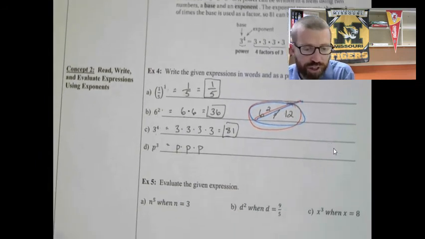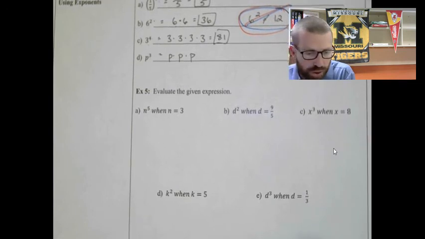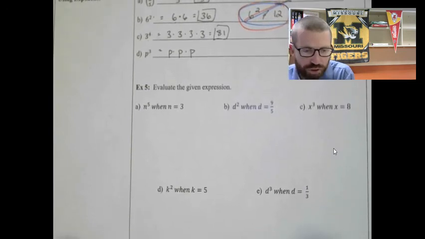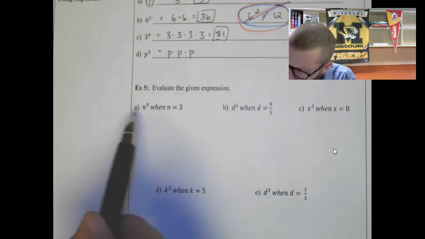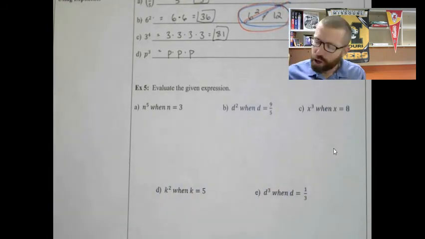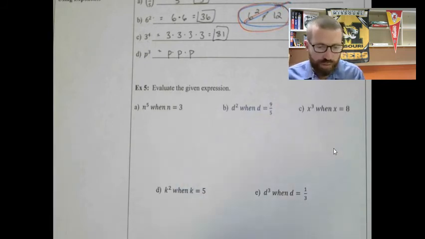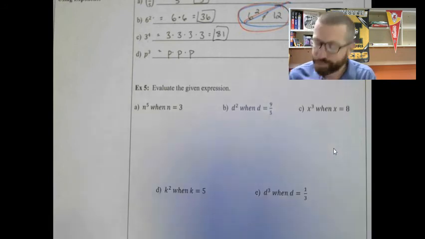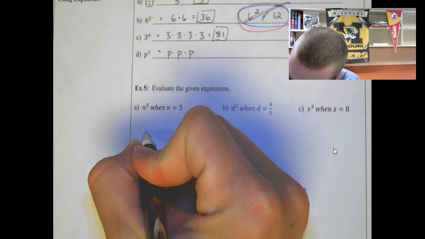Okay, now we can put these things together and evaluate these expressions that have exponents in them. So once again, make sure you pause the video and try these 5, and I'll go through them and you can check your work. So here we have n to the 5th.